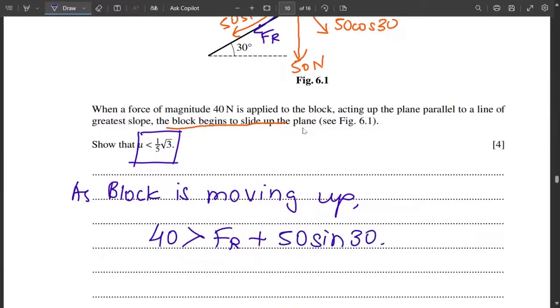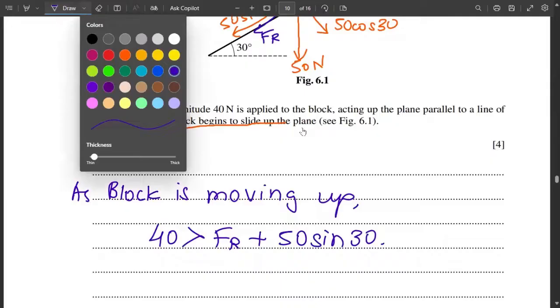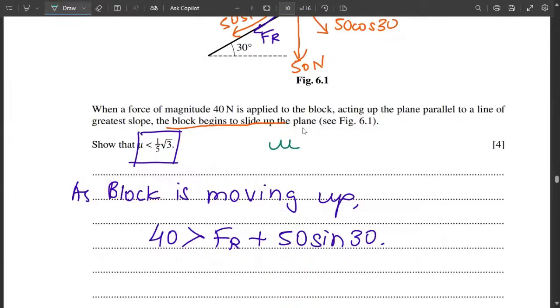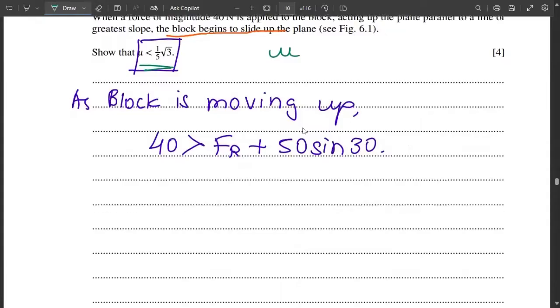We can say this, correct? And now we have to find out what is mu.